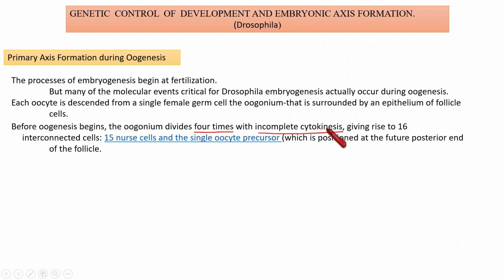And what results because of that? It gives rise to 16 interconnected cells. Sixteen cells form because of these 4 rounds of division of the oogonium, and these 16 cells remain interconnected through their cytoplasm.